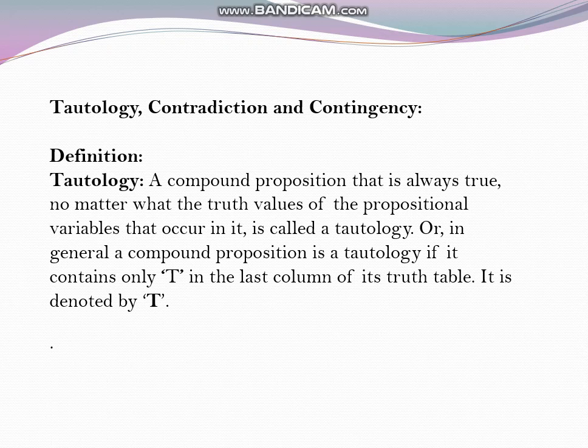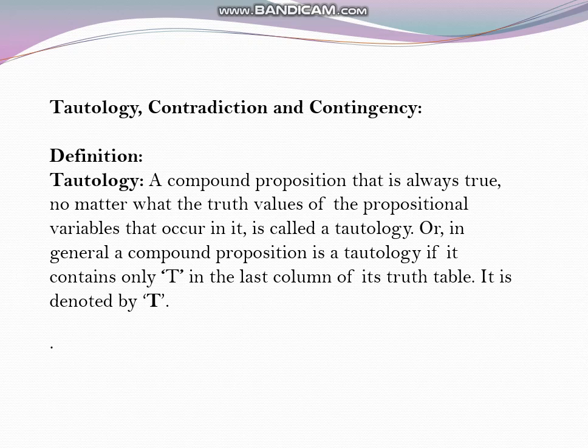A compound proposition that is always true no matter what the truth values of the propositional variables that occur in it is called a tautology. Or, in general, a compound proposition is a tautology if it contains only T in the last column of its truth table.